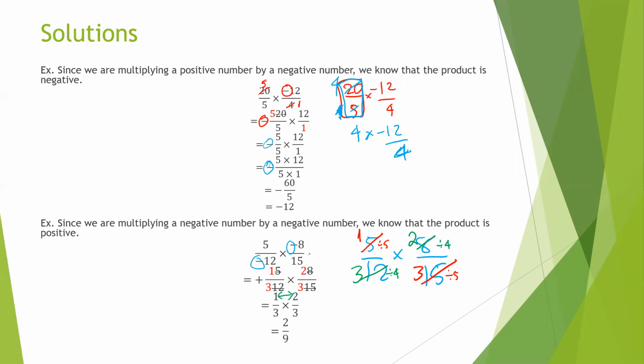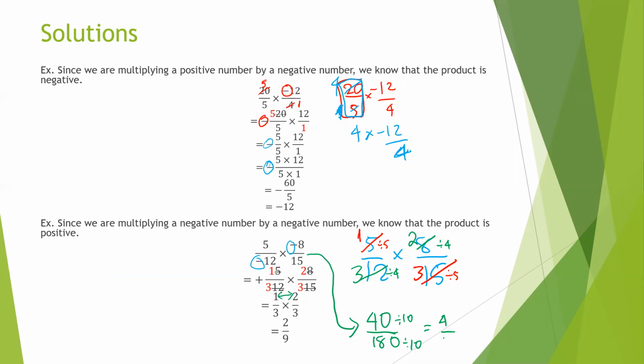If I had not done cross-cancellation, I want to show you underneath just so you can compare. I would have had to multiply the numerators together, which would give me 40. Then I would multiply the denominators together, which would give me 12 times 15, which is 180. And then I would have to simplify this fraction, right? So I have to think, all right, what can I divide both of them by? You probably want to divide by 10 just because they both end with 0.